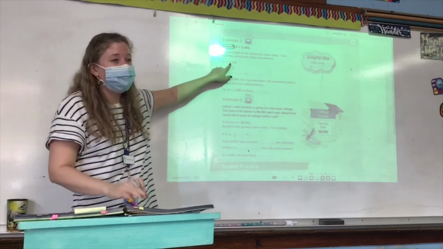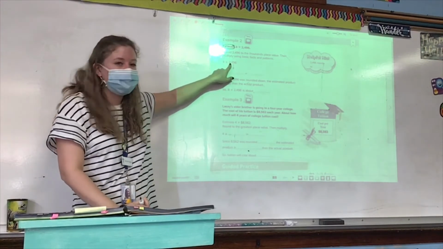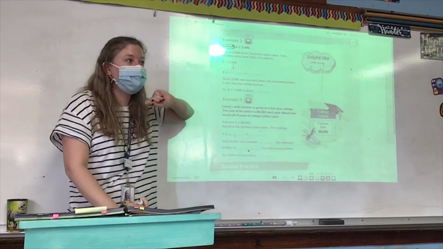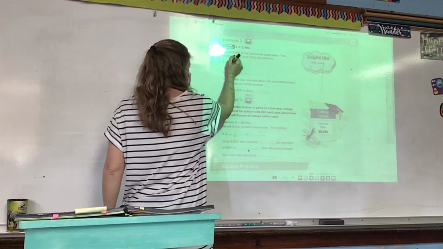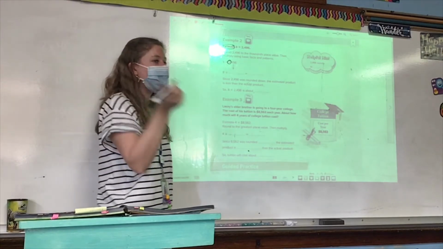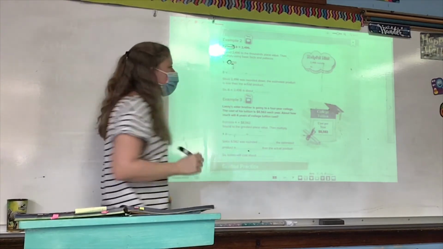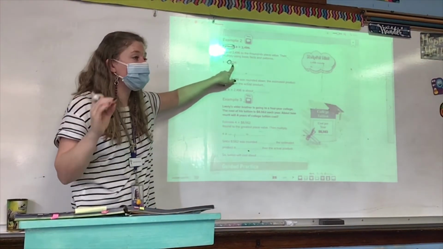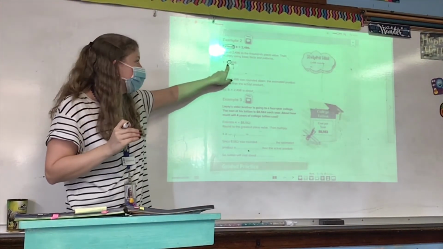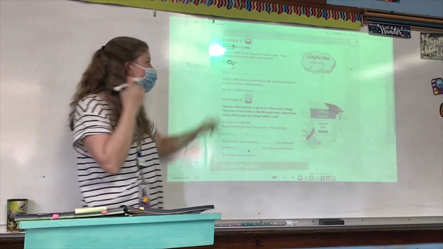So we're taking our larger factor, 2,496, rounding it to the greatest place value, which is the thousands. Step 1, circle the digit in the place to be rounded. Step 2, underline the digit to the right. Step 3, the underlined digit is 4 or less, which means our circle digit stays the same.